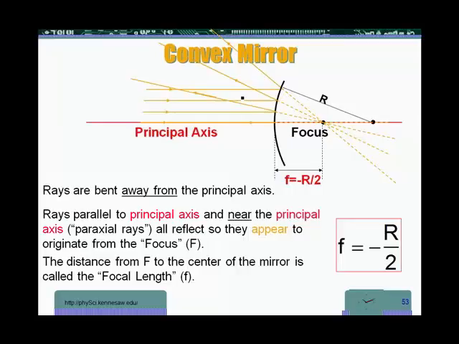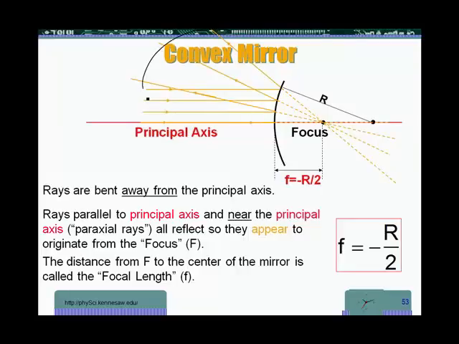For convex mirrors, whenever we have light beams parallel to the principal axis, once they reach the mirror, they are going to reflect again according to the law of reflection. But in this case, they are not going to meet.